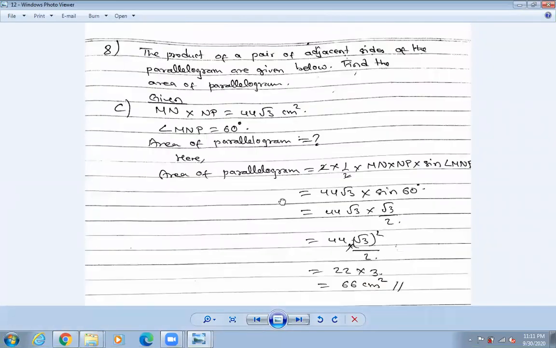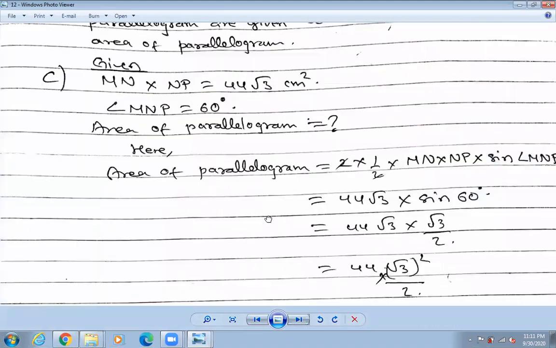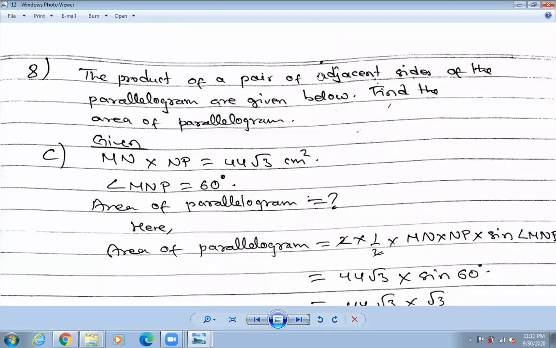Okay, so the next question, number 8. The product of a pair of adjacent sides of a parallelogram, that means a parallelogram is given, right? So let me draw this figure. Okay, so a parallelogram is given.